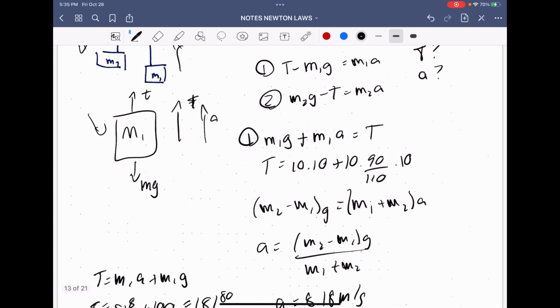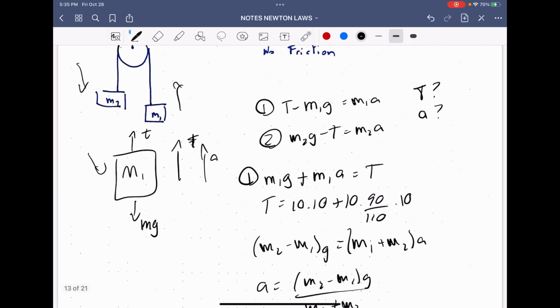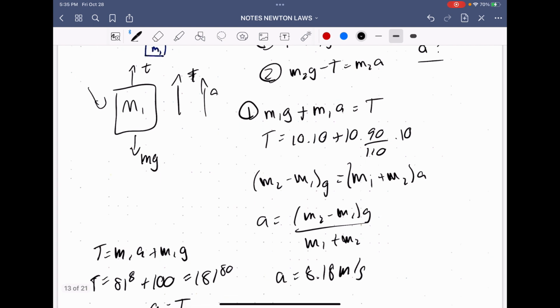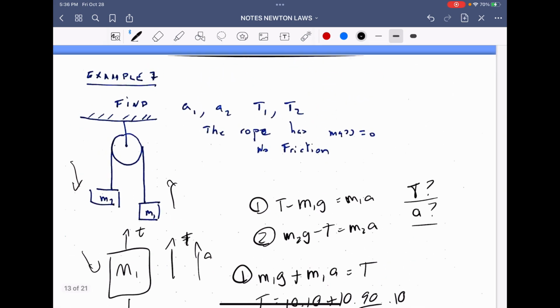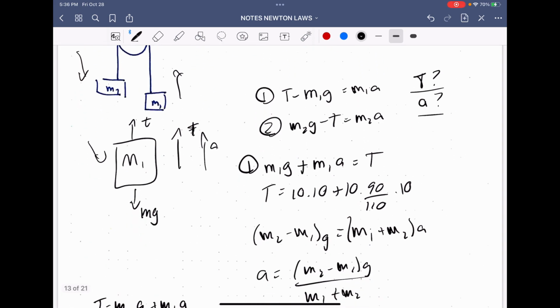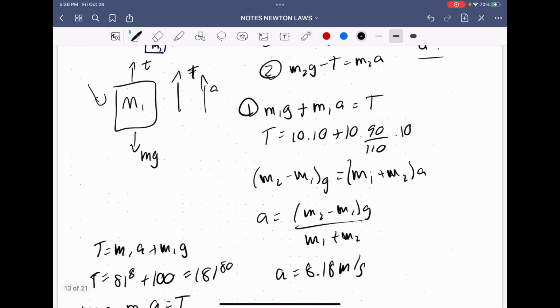In order to solve this example, we need to find A and T. So we start with the equation M1G plus M1A equals T, and then we just plug in the values. So 10 times 10 plus 10 times 90 over 110 times 10.